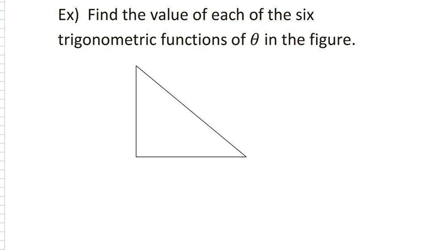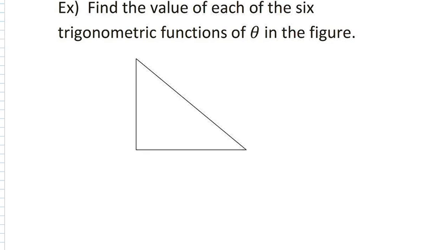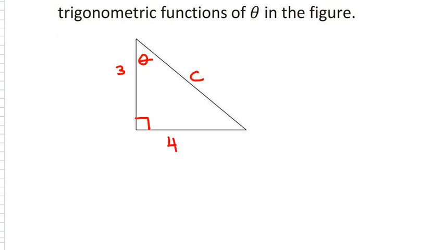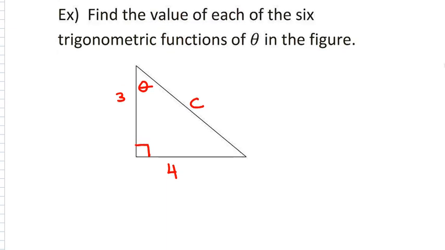Now, an example of what you would have to do is basically if you have a right triangle here, and let's call this theta, and let's say this is 3, 4, and this is C. Well, first step in doing a problem like this is to find the missing side. And how are we going to find the missing side in a right triangle?